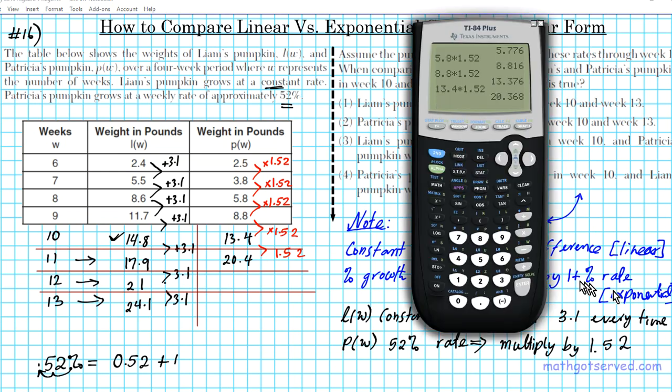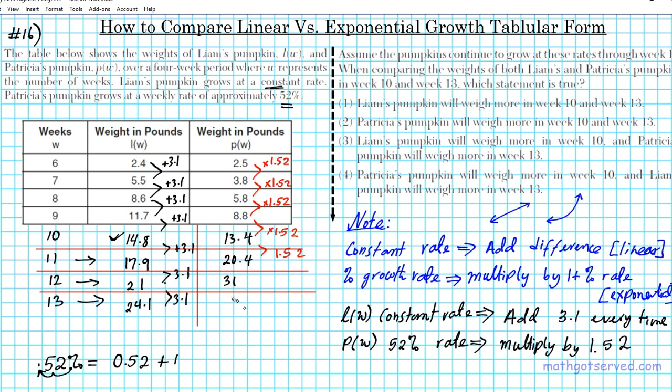Okay, so let's see. 20.4, we're going to multiply that by the growth factor 1.52, and that gives us 31, just 31 as a whole. See, the lead is widening now.